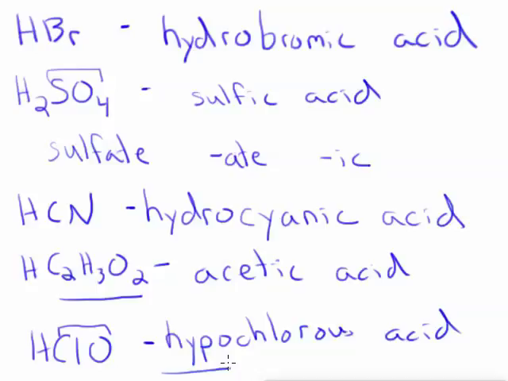Let's try going the other direction. From a name to a formula. And you're just using the same rules. Carbonic acid. There's no hydro on this, so we know that that's a polyatomic ion. Even though there's nowhere in here that says hydrogen, we know that it's going to start with a hydrogen. It's going to be our first ion.